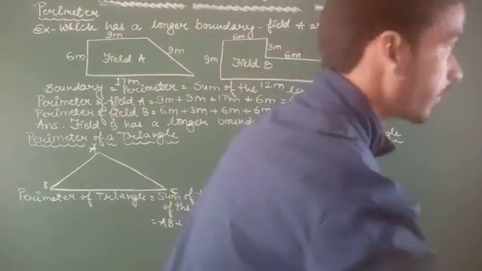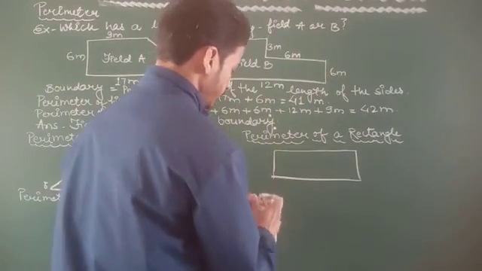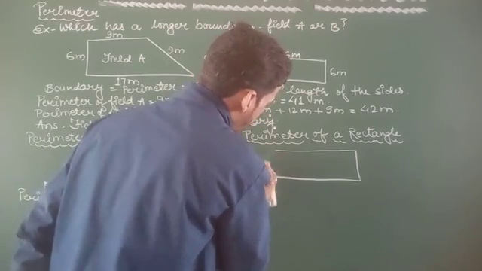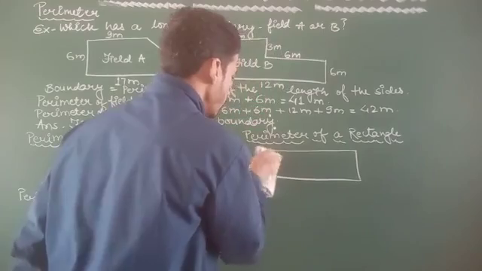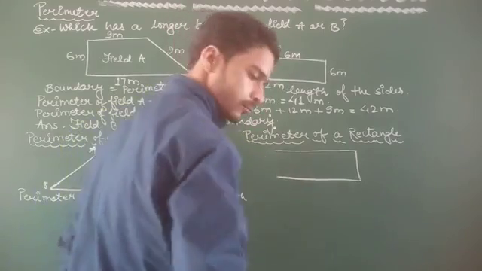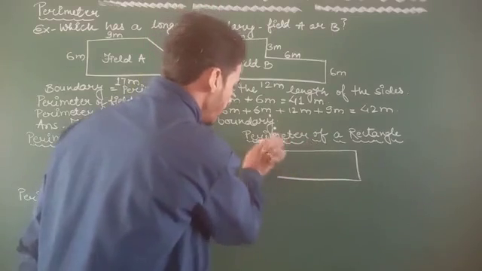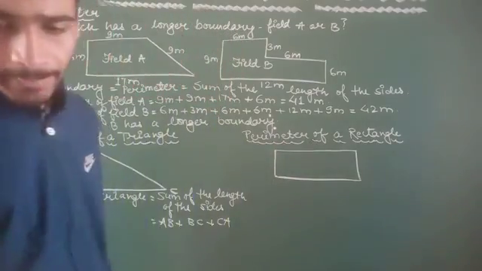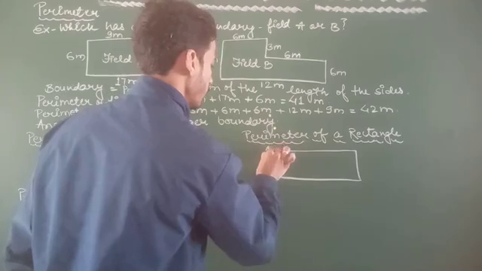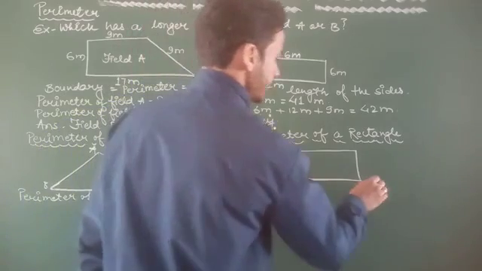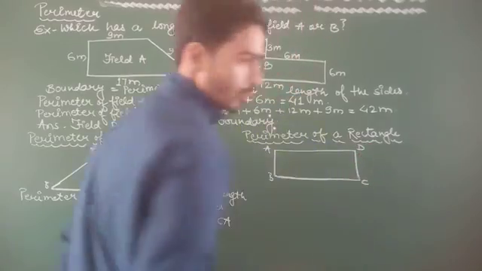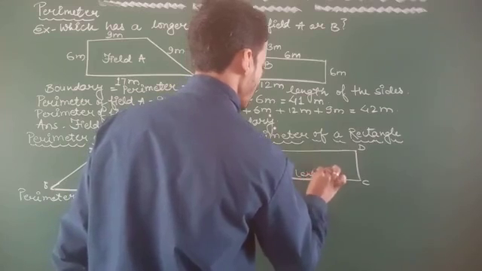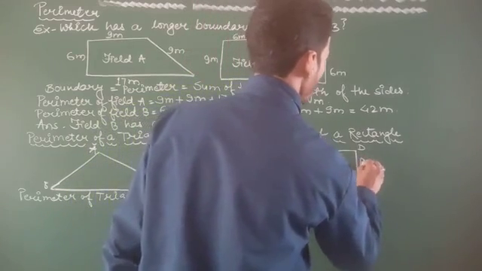There is a rectangle, you can see here, a rectangle ABCD, and that is your length and that is your breadth.